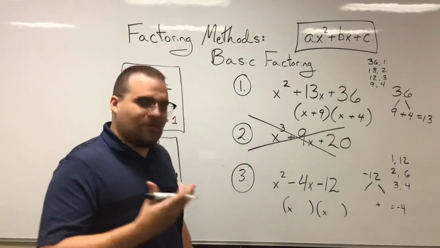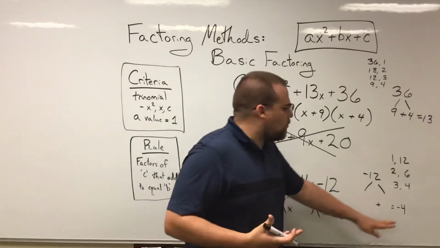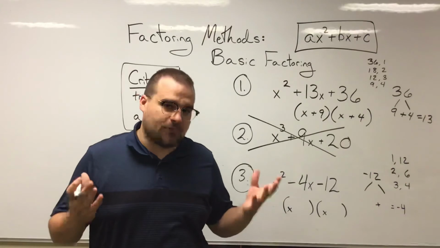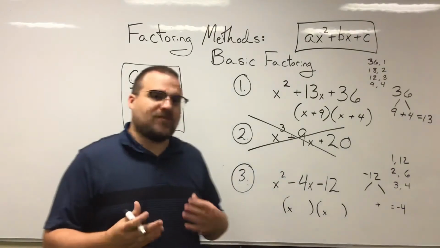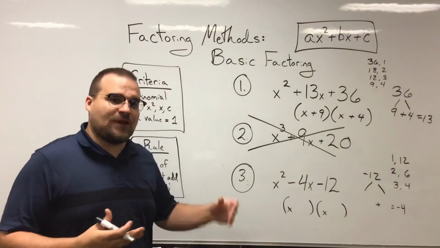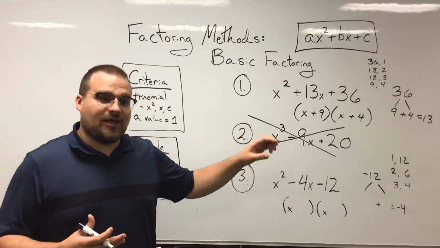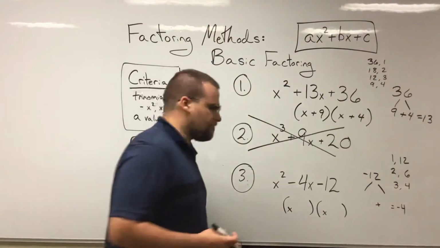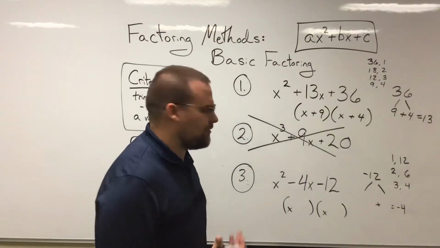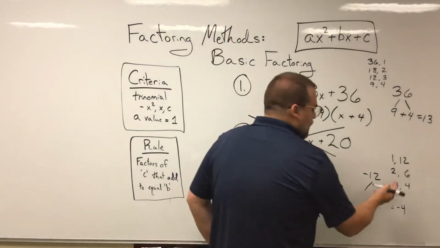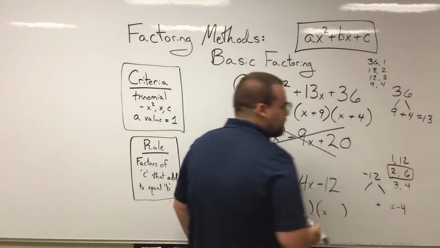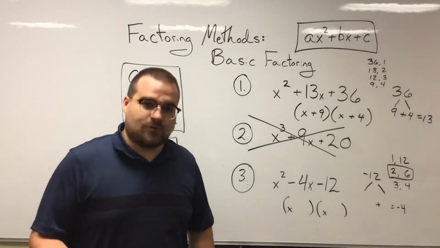But whenever I was talking about finding which one has a difference of 4, which pair of numbers are 4 apart, that's the one I use to help me identify which set of factors it's going to be, and then I'll determine which one's negative. Sorry if I didn't explain that too well in the beginning. So whenever I look at this, I notice that 2 and 6 are 4 apart. So those are probably going to be my factors.